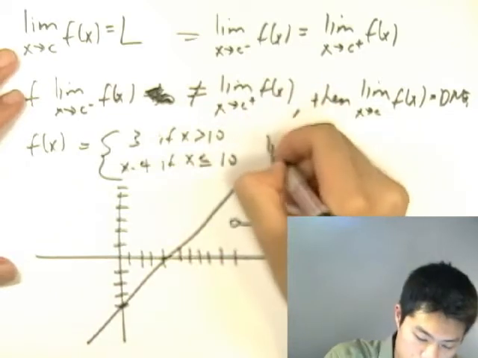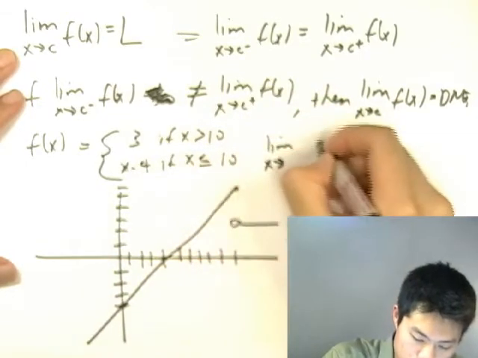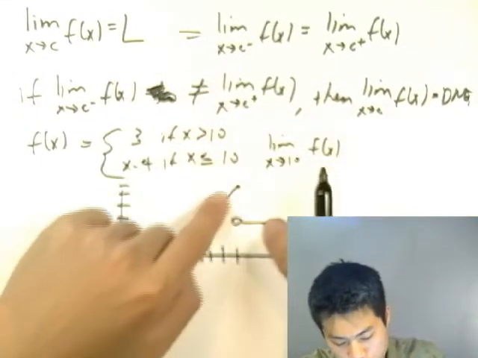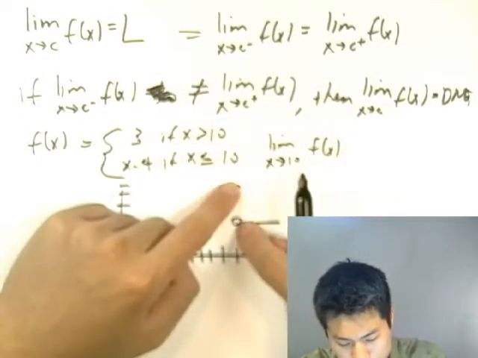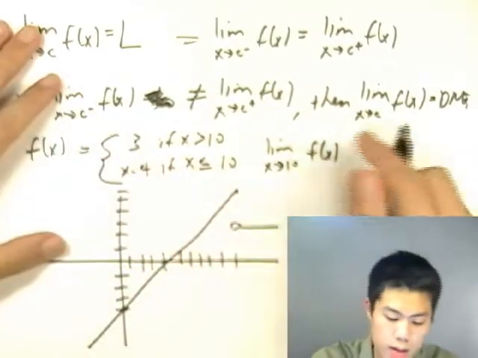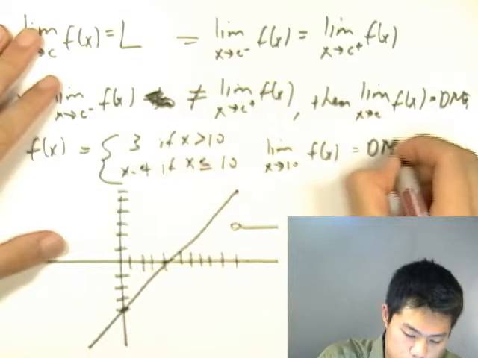The question is the limit of f of x as x approaches 10. You can see that the left-hand limit and the right-hand limit do not equal each other. They don't meet, and therefore this limit does not exist.